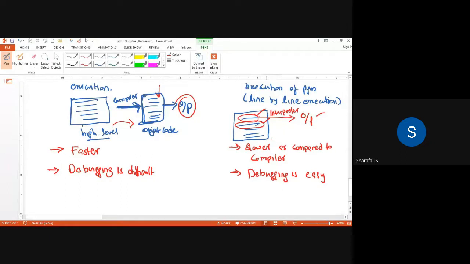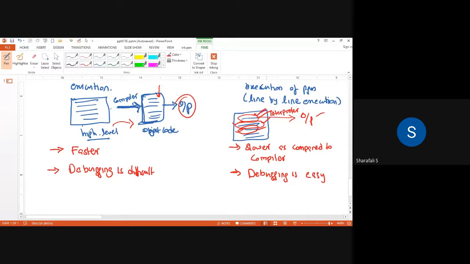For example, if in the third line we have some instruction error, then that error can be easily identified when you reach the third line. First line executed, second line executed. When it reaches the third line, the interpreter will understand there is some error in this program. Then the interpreter will immediately terminate the execution of that particular program, so that we can easily understand where the error is.